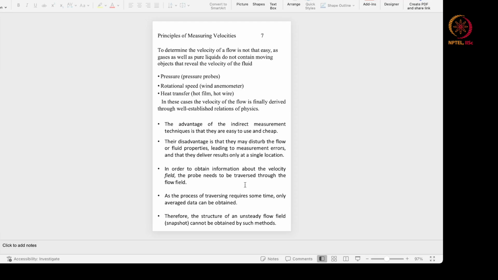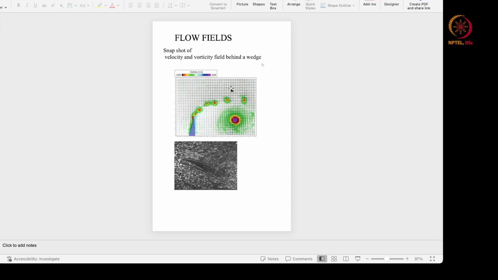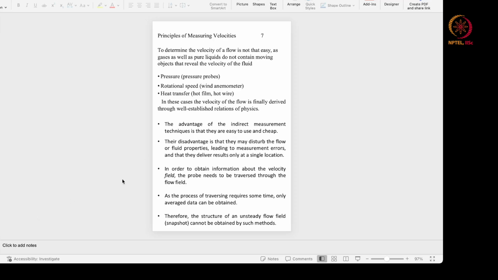They also deliver results at a single location. These are point-based measurements. In order to have information about the whole velocity field, the probe needs to be traversed through the flow field. For example, you can never get an image like this. This is simultaneous. Here, you cannot get that information. You have to traverse the probe across the flow field. The process of traversing requires time, because everywhere you go, you spend some time taking the measurement and then you take time to move the probe to some other location.